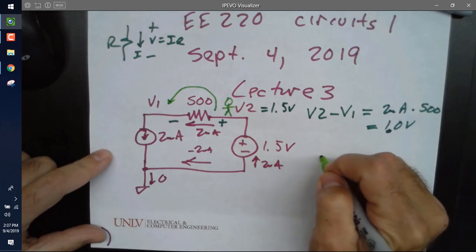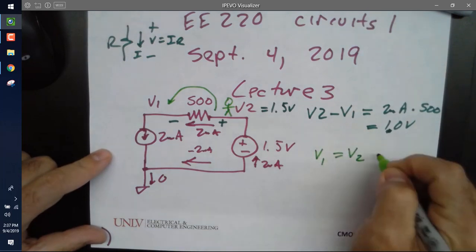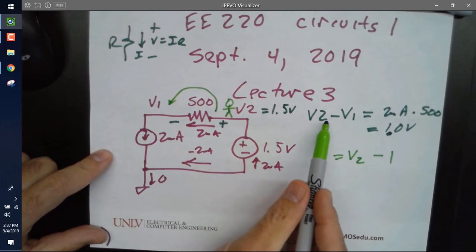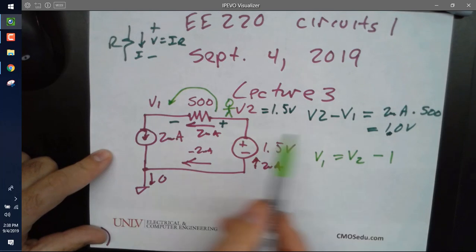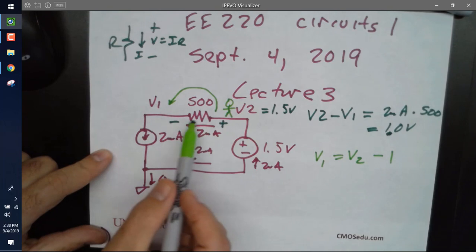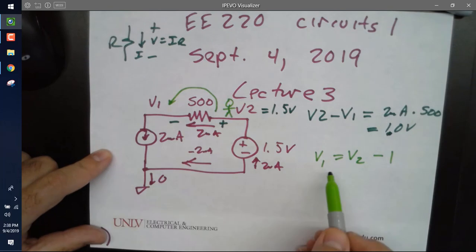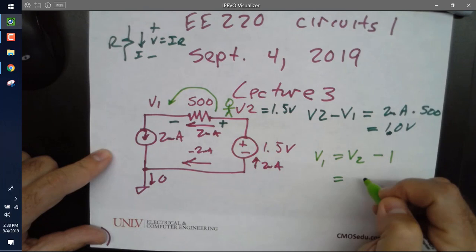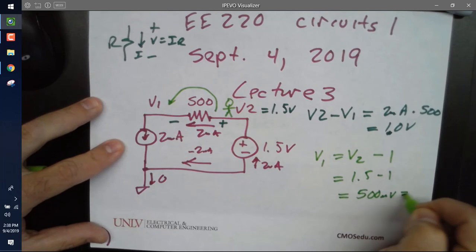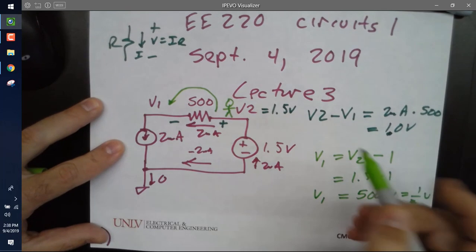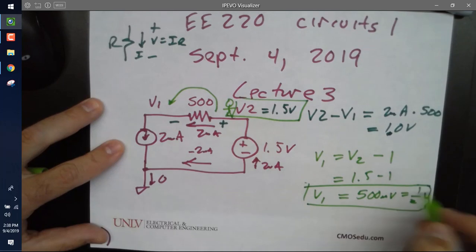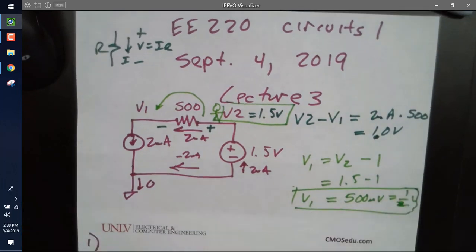Downhill, so I get that V1 equals V2 minus 1, which you're saying, hey, dude, you just rewrote this equation, V2 minus V1 equals 1, but I'm looking at it a different way. I'm at V2 going down by the 1 volt voltage drop across there. And so I get V1 is equal to 500 millivolts, or 1/2 volt. So I put a box around this one, I put a box around this one, and I say, does that make sense?